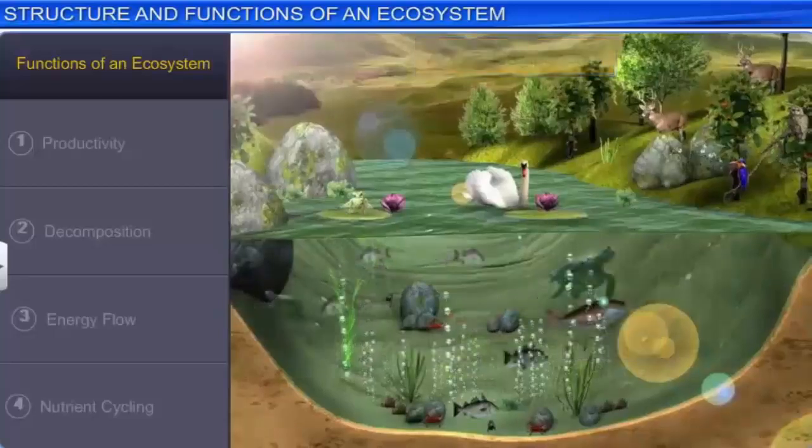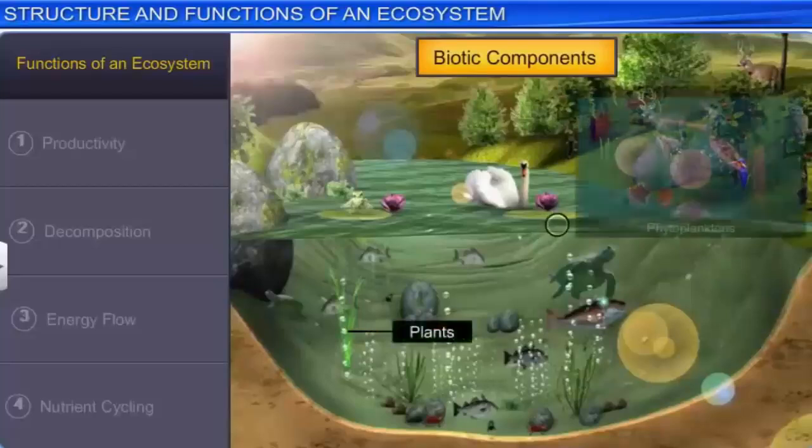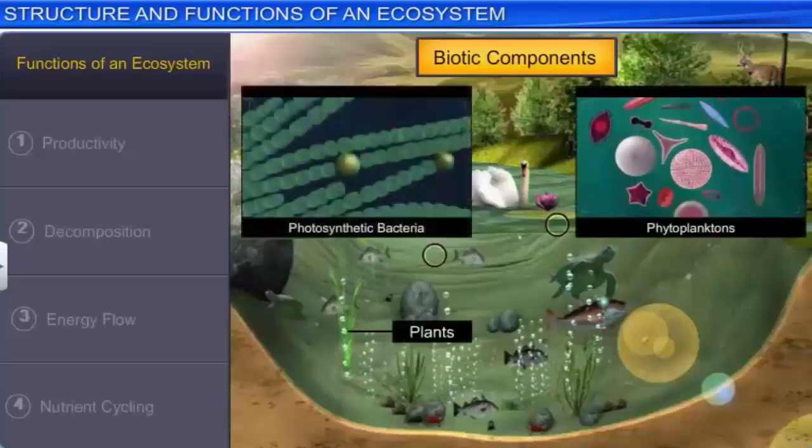Like abiotic components, there are several biotic components in this pond. These include autotrophic components like plants, phytoplanktons, and photosynthetic bacteria found both floating and submerged in water.